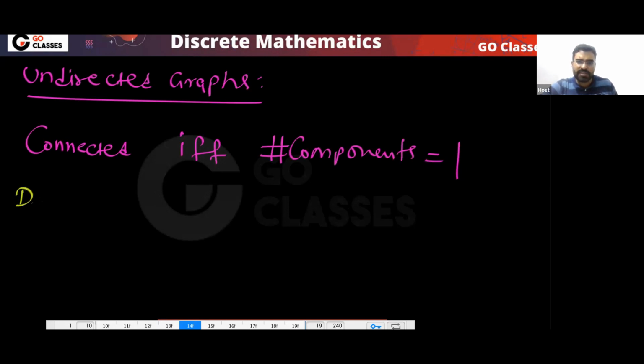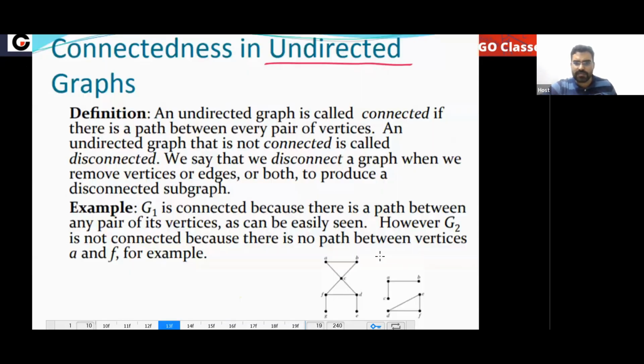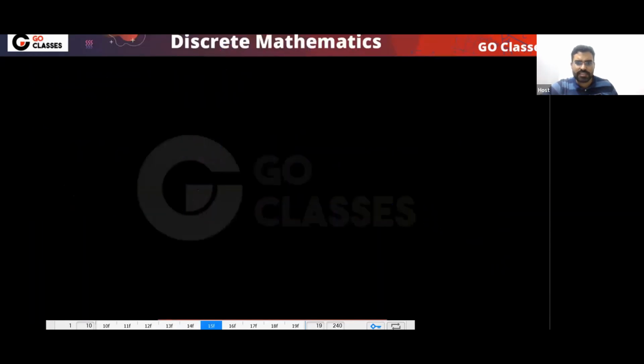Similarly, a graph is disconnected if and only if the number of components is greater than or equal to 2. This is the definition, a very simple concept.